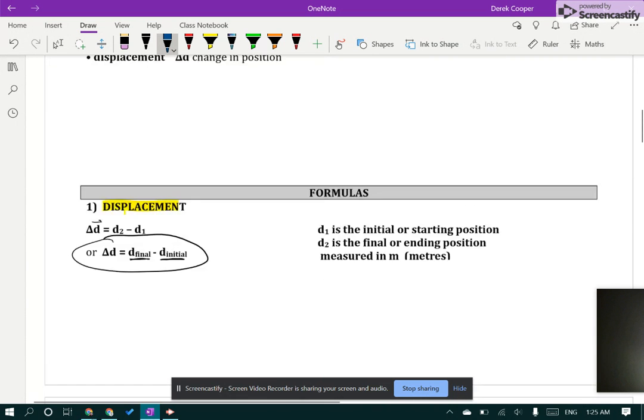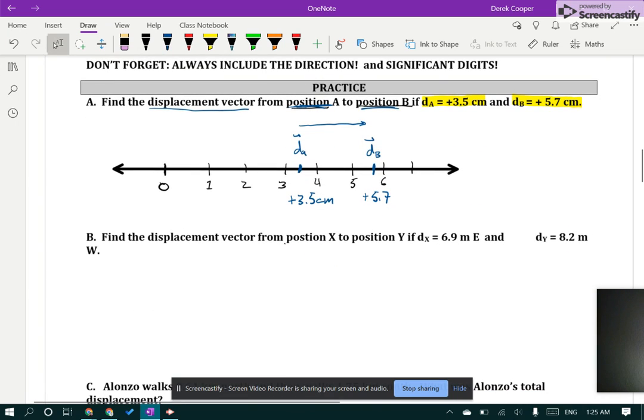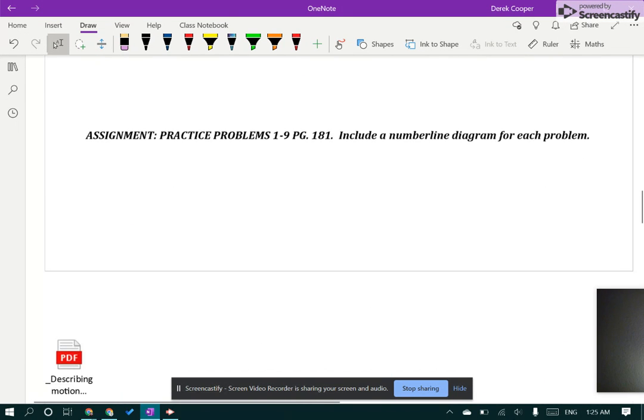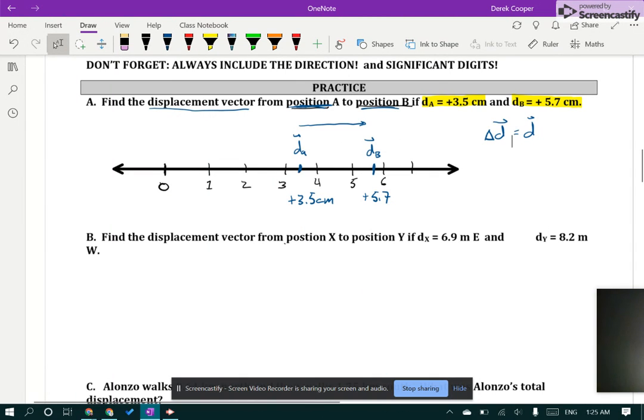So we go back up to our equation here, and we're looking for our displacement. So displacement is equal to the final minus the initial. So we've got here our final, so displacement is equal to our position final, D2 you could call that, which is what we've got here, or let's call it by our letters here.